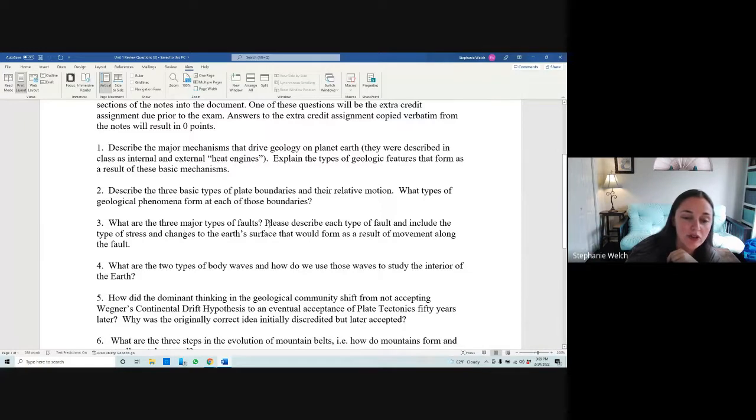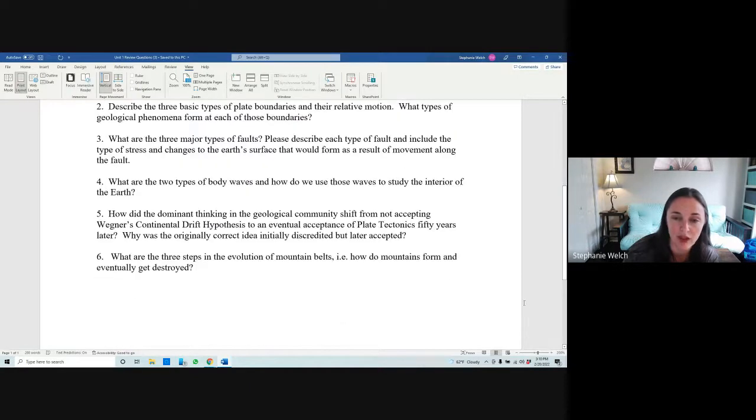And then 3, what are the 3 major types of faults? Reverse, normal, and strike slip. They relate to the 3 different types of stress: compressive stress for reverse faults, tensional stress for normal faults, and shear stress for strike slip faults.